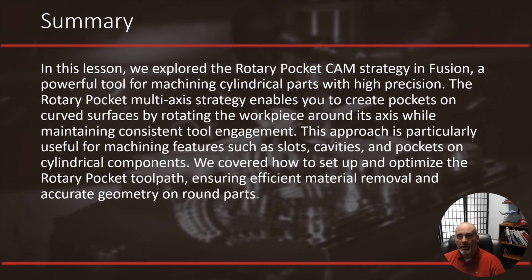The Rotary Pocket multi-axis strategy enables you to create pockets on curved surfaces by rotating the workpiece around its axis while maintaining consistent tool engagement. This approach is particularly useful for features such as slots, cavities, and pockets on cylindrical components. We covered how to set up and optimize the Rotary Pocket toolpath, ensuring efficient material removal and accurate geometry on round parts.